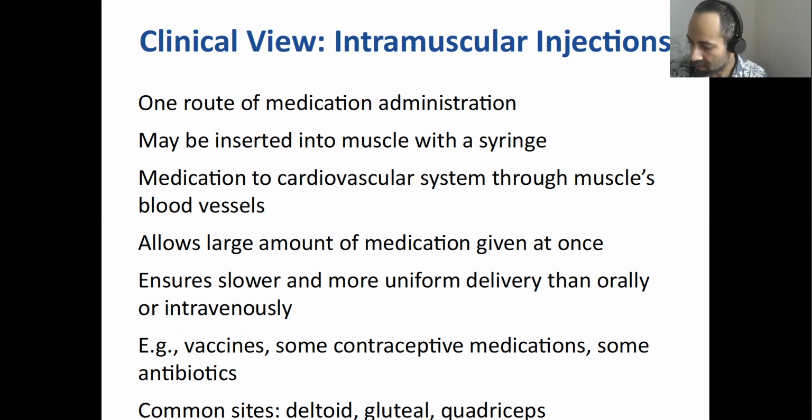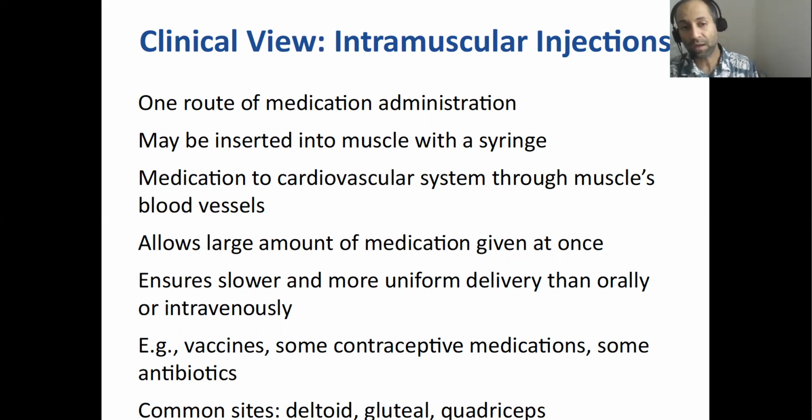So some of these types of injections could be administered there. What else? Your DTP injections for vaccinations are often given in your muscles, again for sustained release of that medication. So that's what we are looking at here.